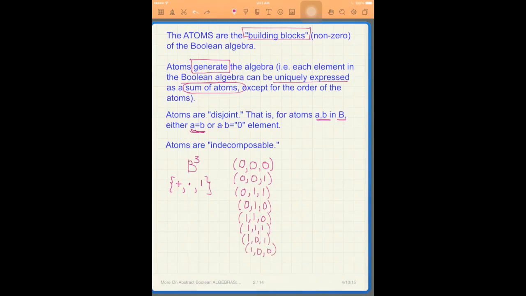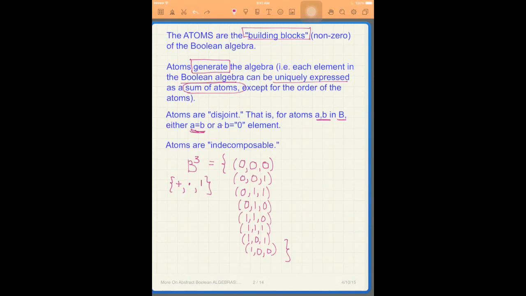Okay, so I should have had 2 to the third, because the entries in B to the third can only be zeros and ones, but I have a 3-tuple. So I have 1, 2, 3, 4, 5, 6, 7, 8. Okay, good. So this is going to be all of the possible elements in this set.